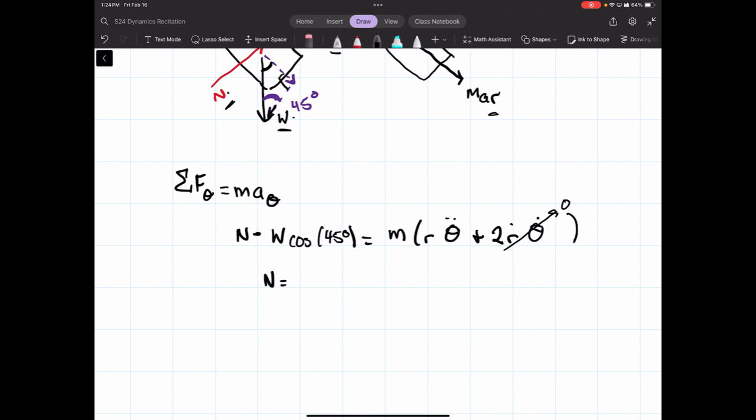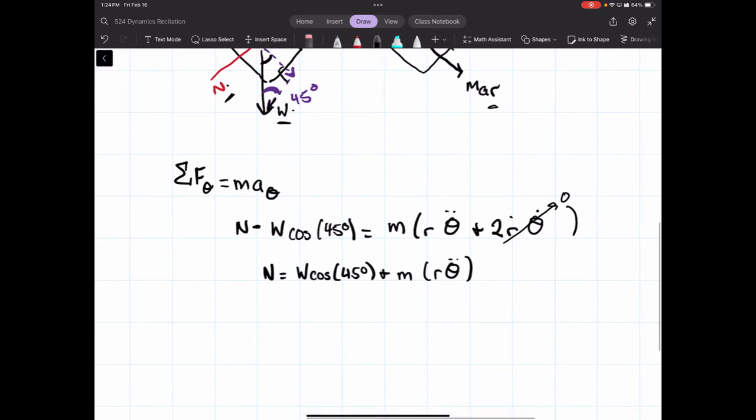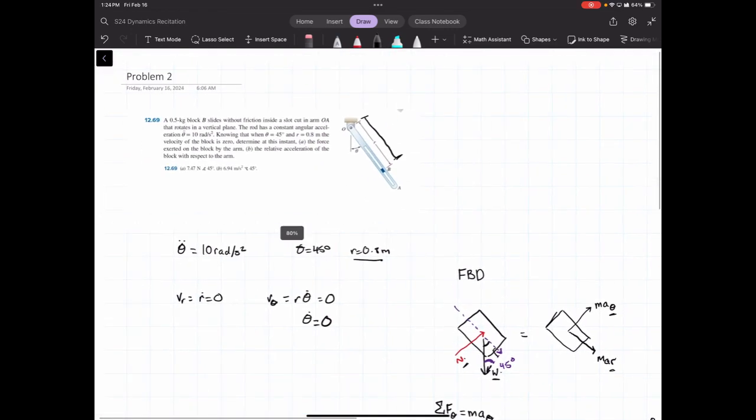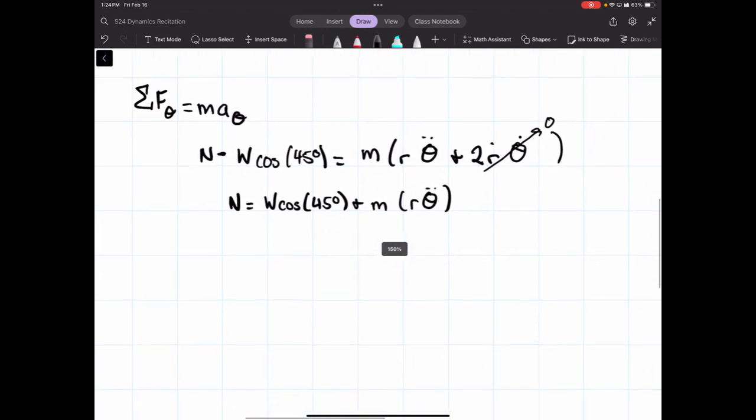So we have N is going to equal the weight times the cosine of 45 degrees plus the mass times r theta double dot. All right, so our mass was 0.5 kilograms.